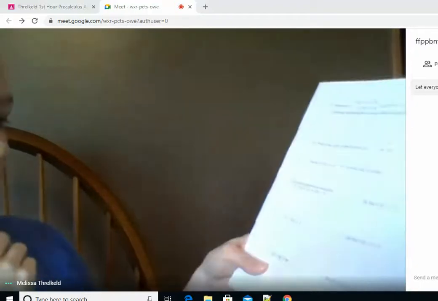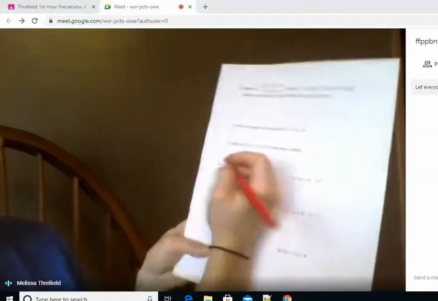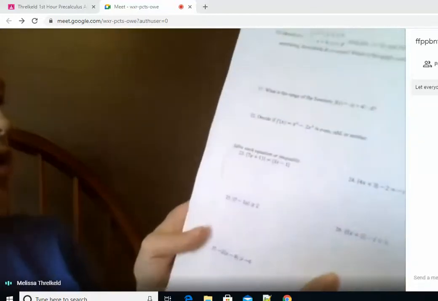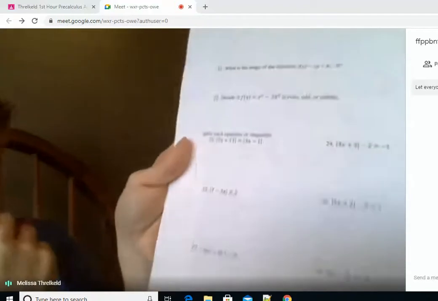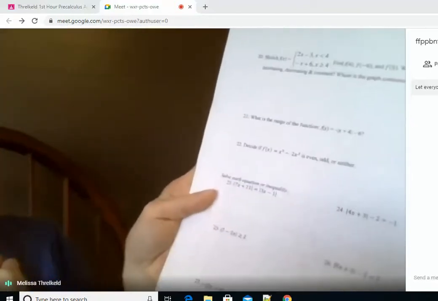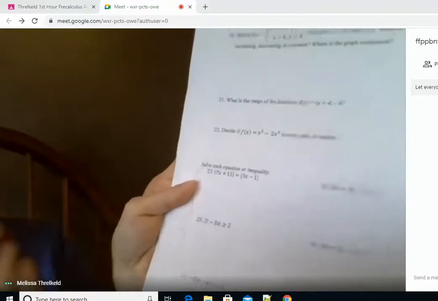Okay. What I would like to do to finish is skip down and maybe look at like 23, 25, and 27, just so we've hit one of each of those. And then we should have talked about all the different types. 23, if you have an absolute value equation, how do you solve those? Two equations.